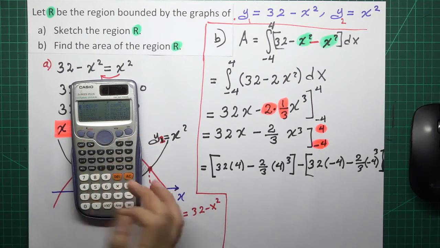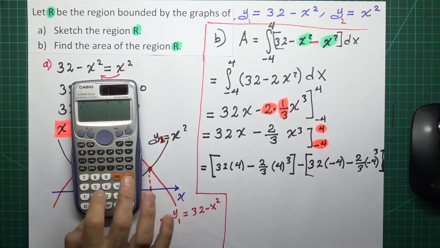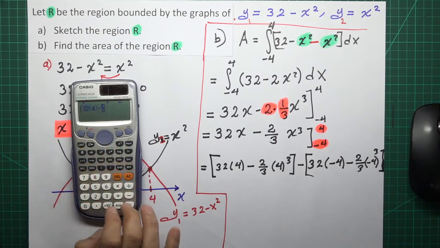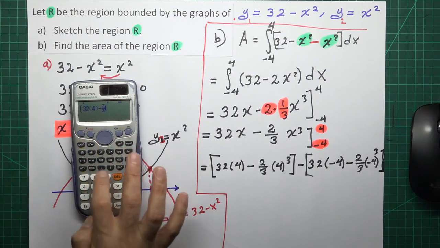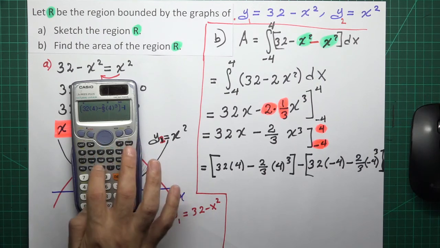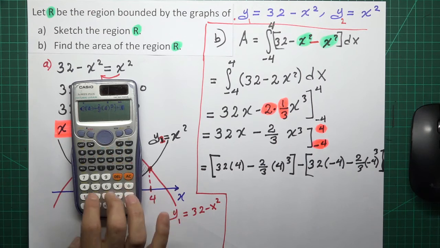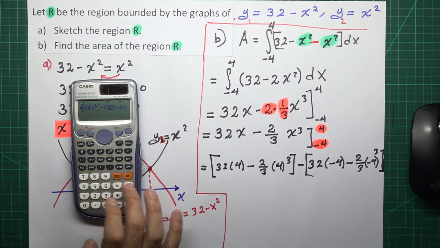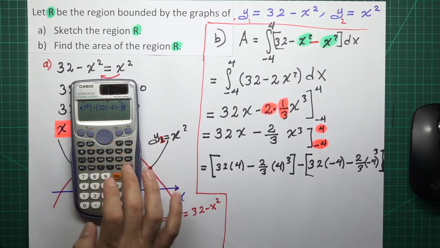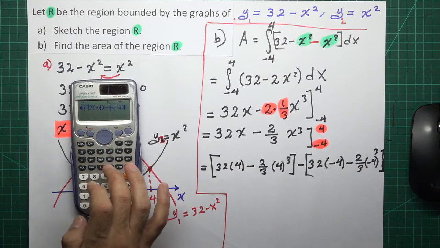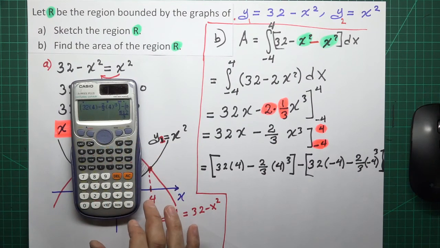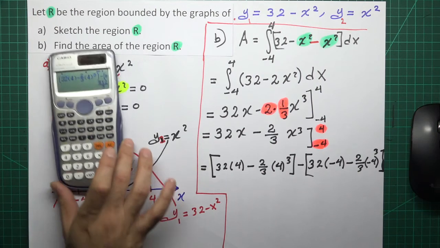And here, students, I have brackets: 32 times 4 minus the fraction 2 over 3 times 4 to the power of 3, close this bracket, minus 32 times minus 4, then minus 2 over 3 times minus 4 to the power of 3, then close this, and the result is 512 over 3.